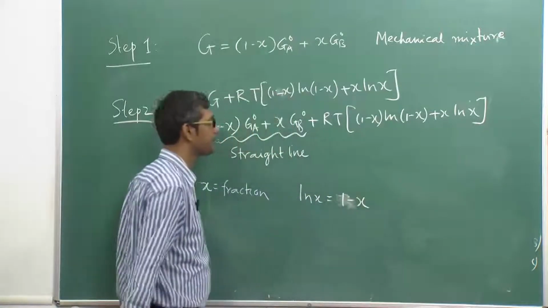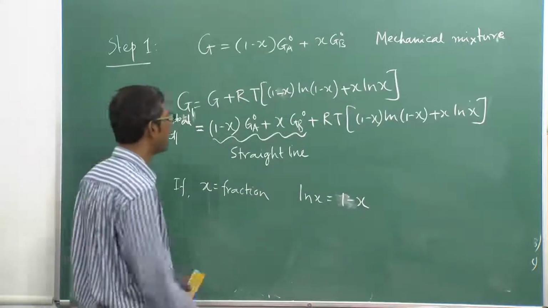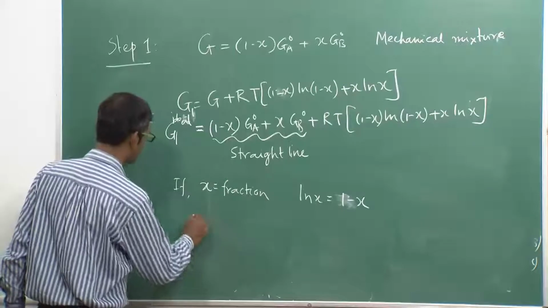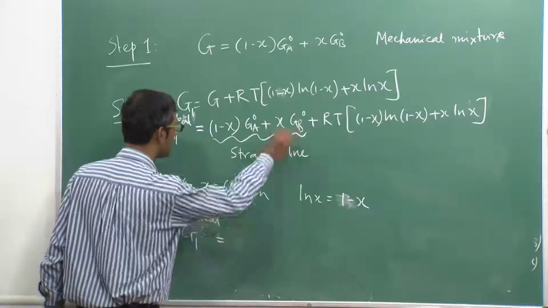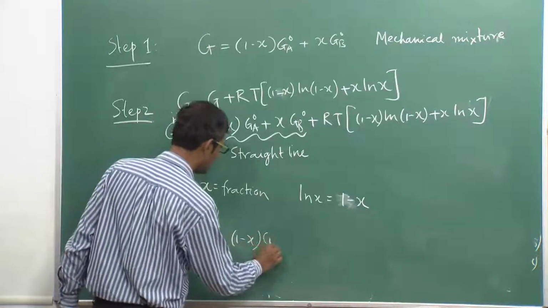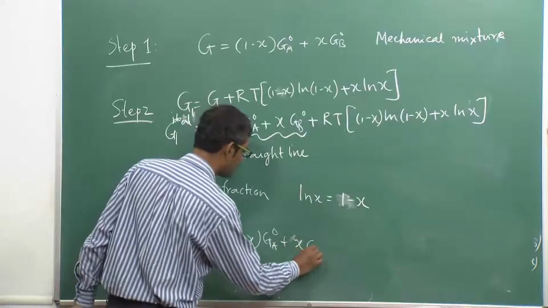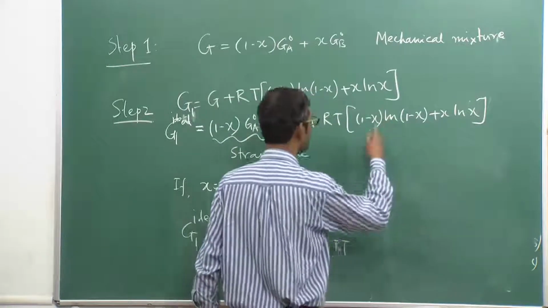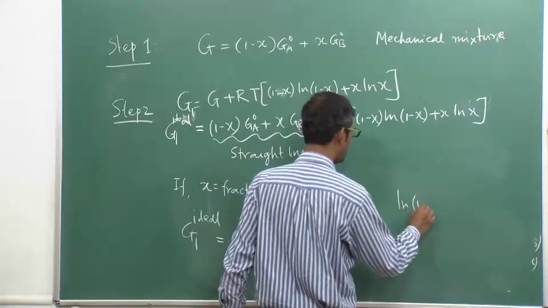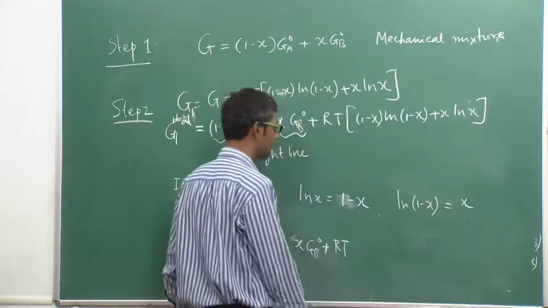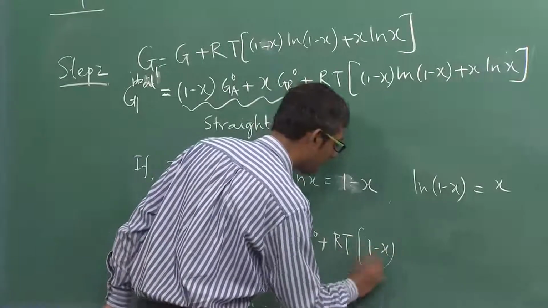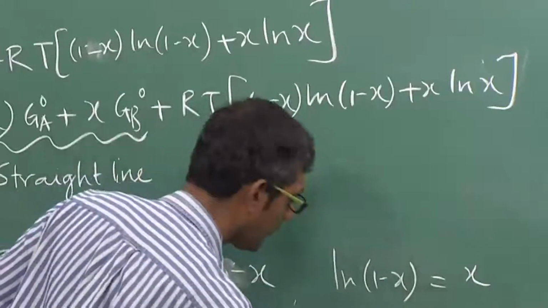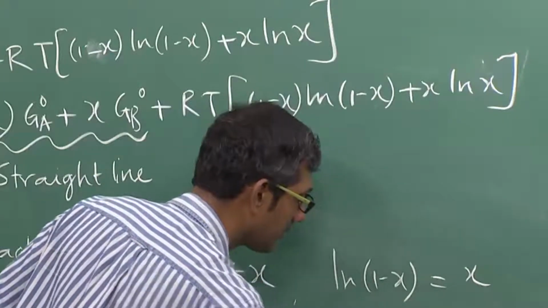So, using that analogy, I can see that the equation G1 ideal can be written as straight line functions (1 minus x) GA0 plus x GB0 plus RT, where the log of (1 minus x) becomes approximately minus x, giving a term multiplied by (1 minus x).